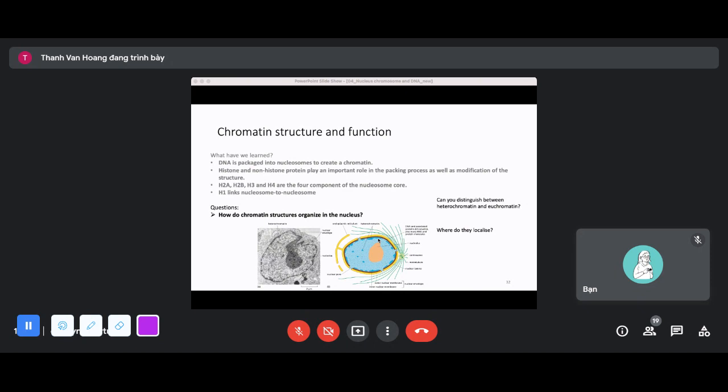When the cells become active, the genes should be transcribed and move to the euchromatin regions, where it's lighter under the microscope.